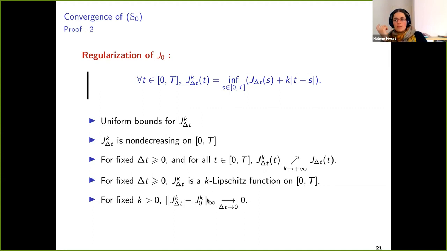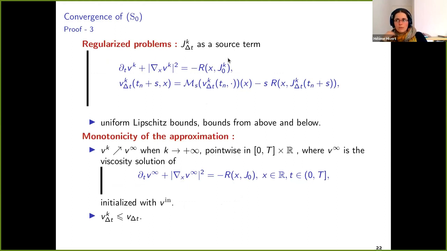Once you have regularized j naught, you consider it as a source term in the continuous problem and in the scheme. Thanks to the monotonicity of the approximation, the solution of the regularized continuous problem converges, increasingly, to some v infinity limit, which is the viscosity solution of this Hamilton-Jacobi equation with j naught as a source term.